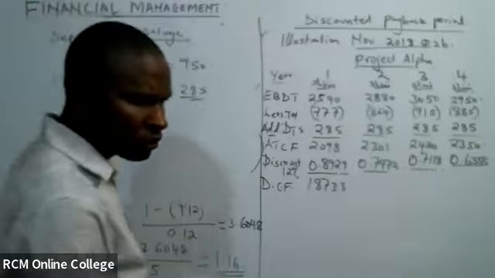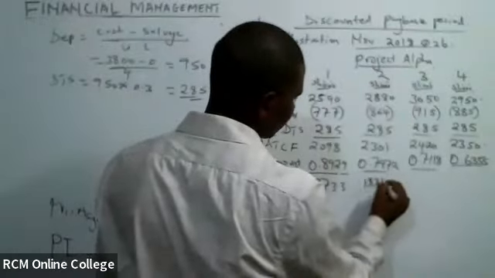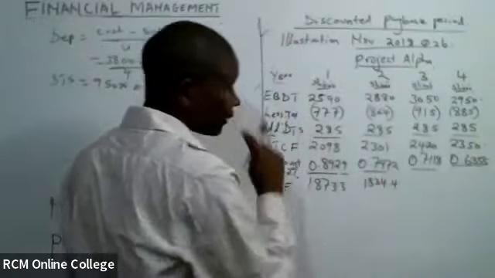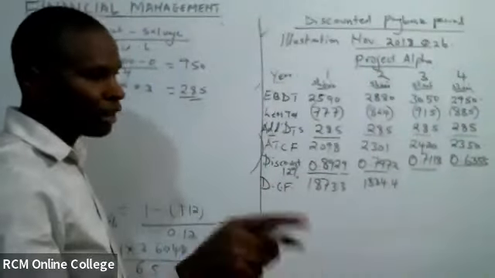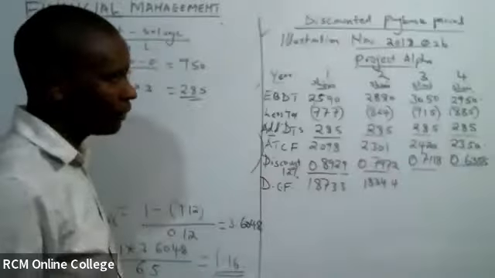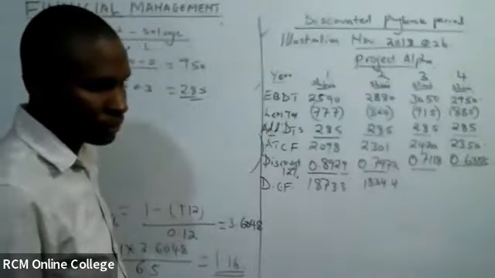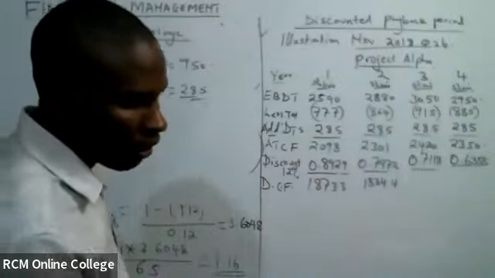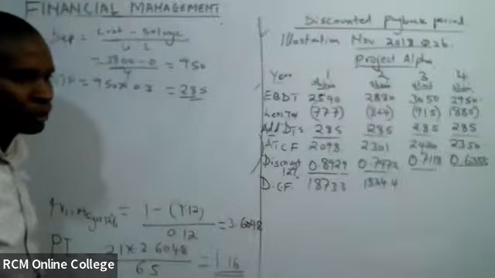Hiyo ingine 1834.4. Number 3. Yeah, 3. And remember speed, what you do under that chat box means a lot. Haya, tia ya tatu.